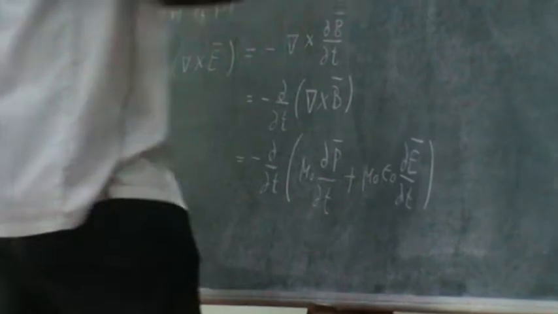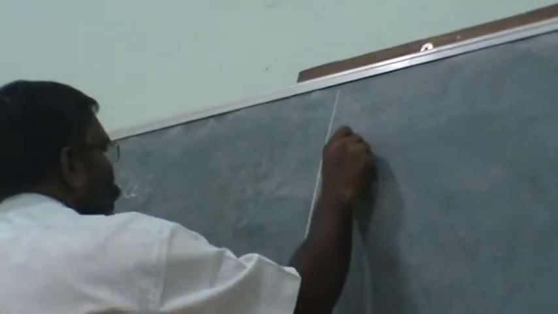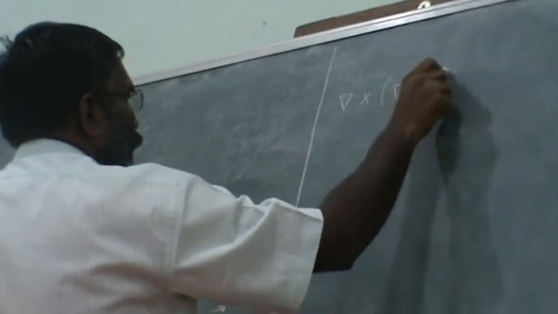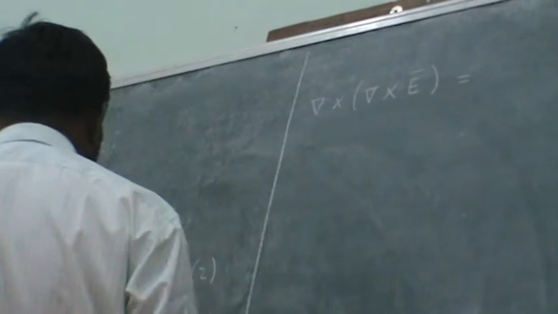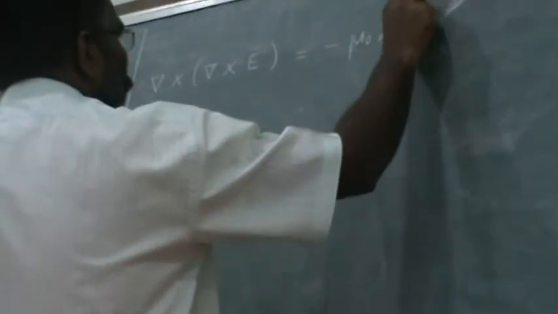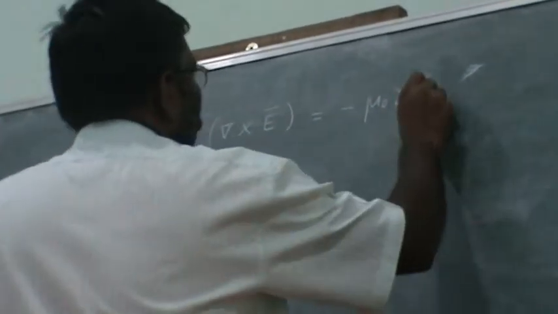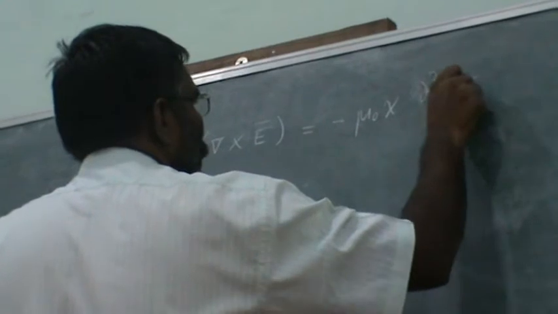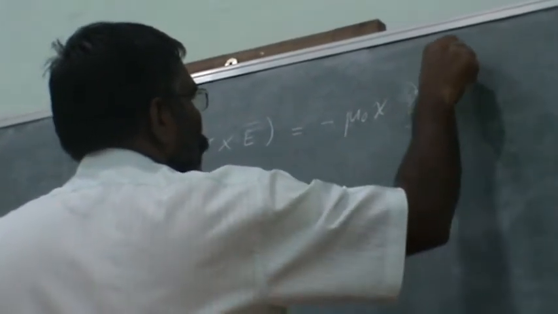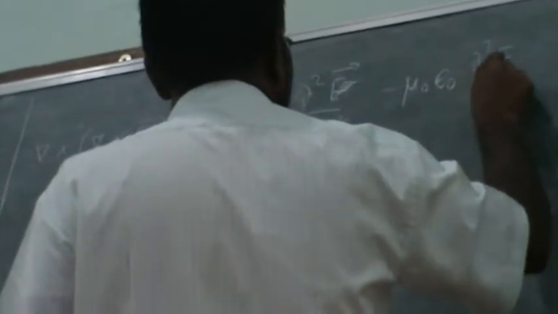But I can write this immediately, as P is chi times E. So I will write del cross del cross E as minus mu naught into chi dou square E by dou t square minus mu naught epsilon naught into dou square E by dou t square.